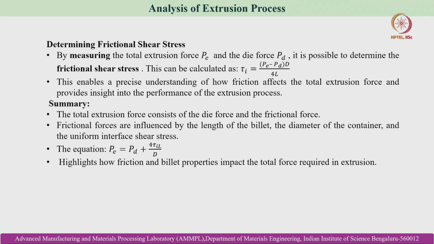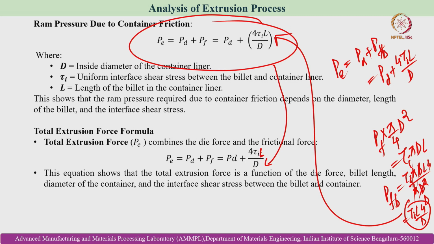This can be calculated from this expression quite easily. So, P e minus P d, that is the total extrusion pressure minus the extrusion pressure due to the die friction, is equal to 4 tau i into L by d.